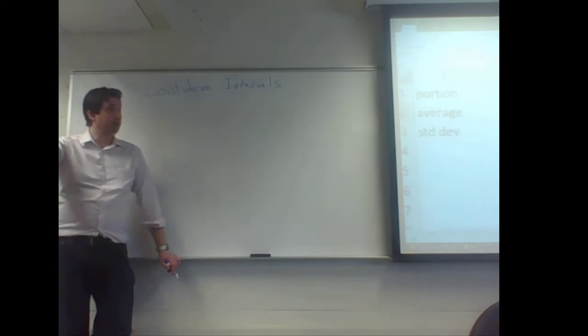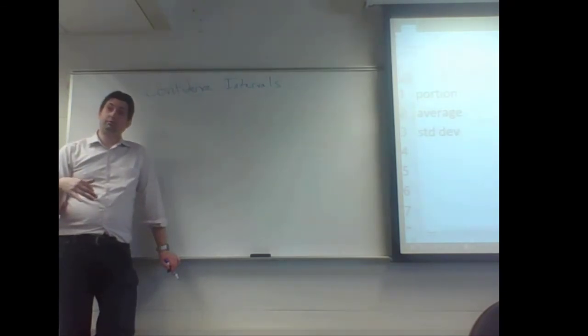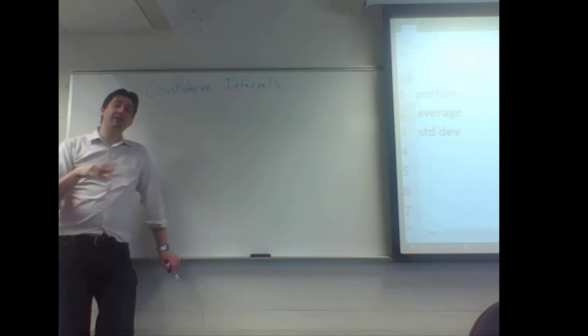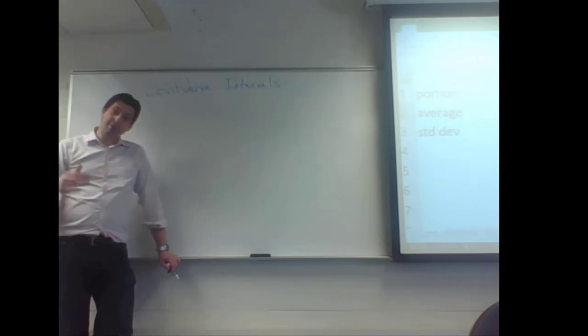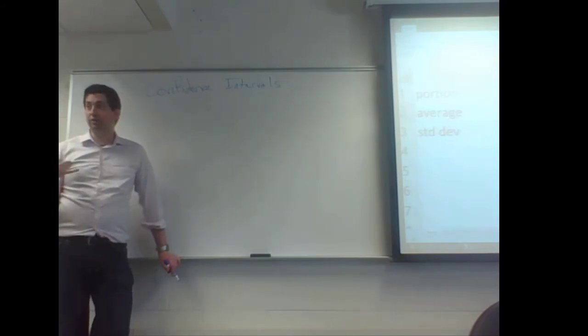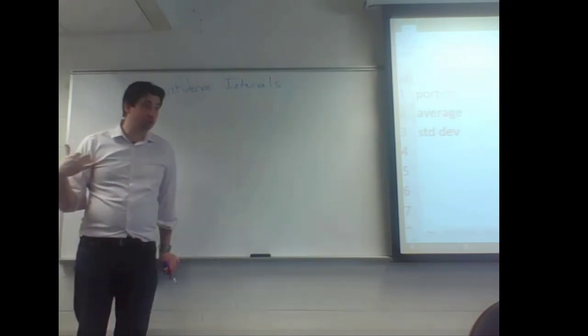Might be a little bit higher, it might be a little bit lower. And the confidence interval tells us, based on various parameters, how much higher I should estimate hair length to be, how much lower I should estimate hair length to be. It is an interval.